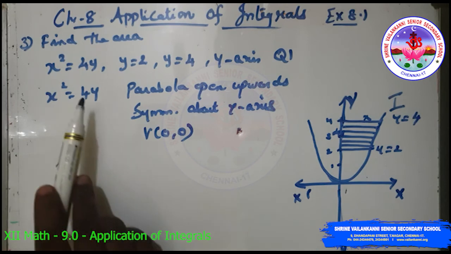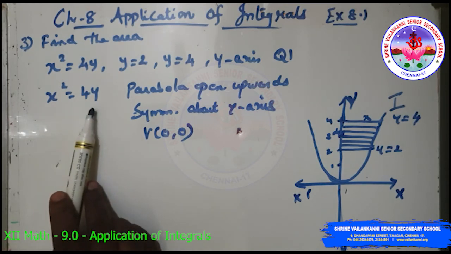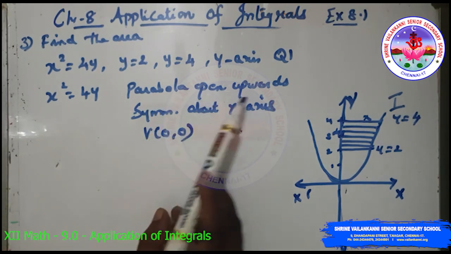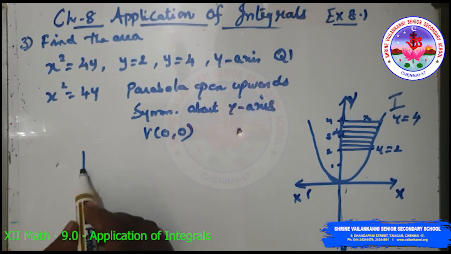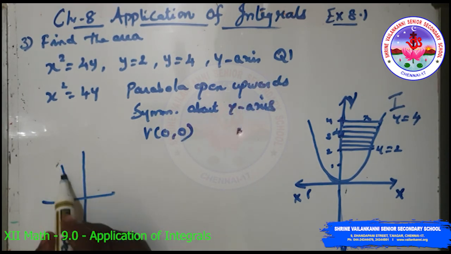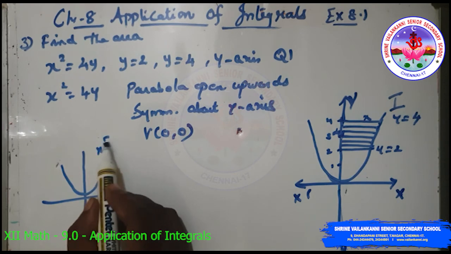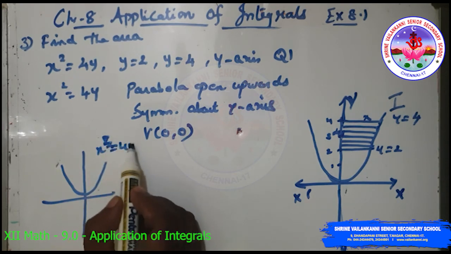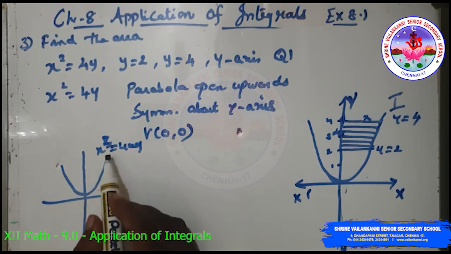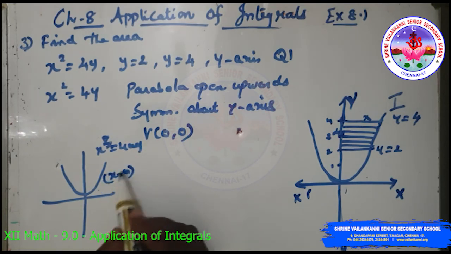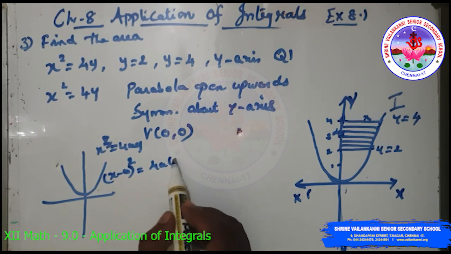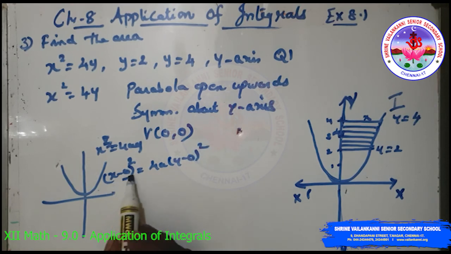The curve x square equal to 4y is the equation of a parabola that opens upwards. If x square equal to 4ay, it is a parabola opening upwards, with vertex given by x minus 0 the whole square equal to 4a into y minus 0, so the vertex is 0 comma 0.